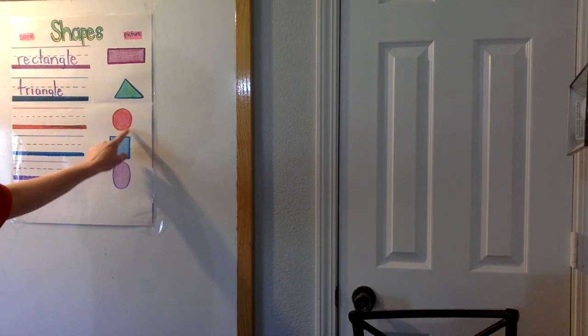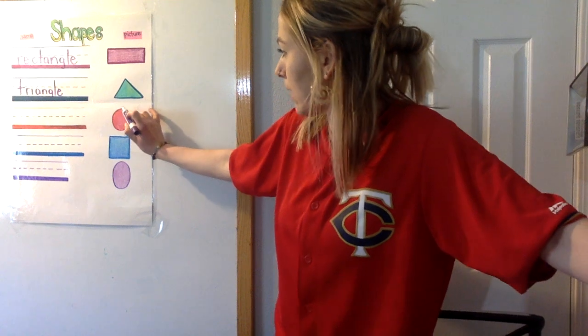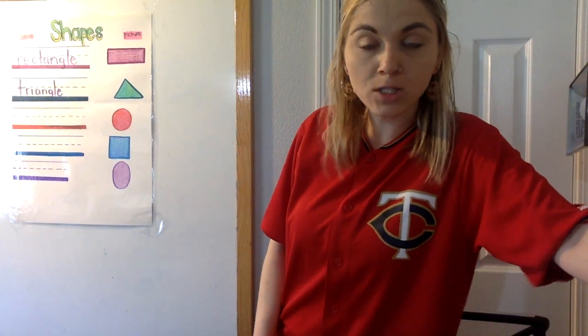All right. This shape is probably a familiar one to you. Does it have any sides? No lines around it. It's just curved all the way around. And this shape is called a circle.